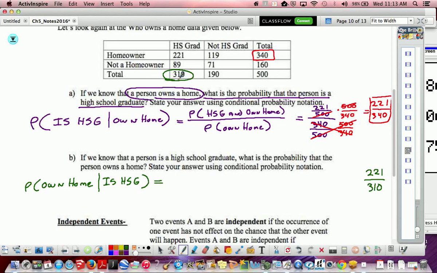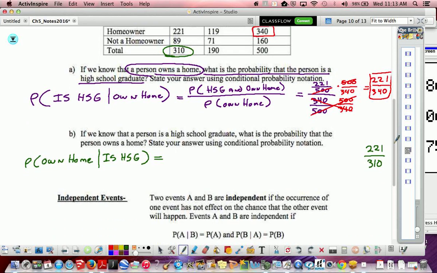I am going to show you the formula. So the first part is, what's the probability that they own a home and are a high school grad, divided by the probability that they're a high school grad. Well, here's the nice thing about this particular problem. Have we already calculated the top? High school grad and own a home, is that the same as own a home and a high school grad? It's just flipping them. So the top number is the same, 221 out of 500.